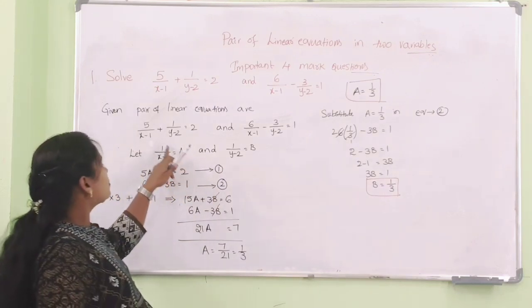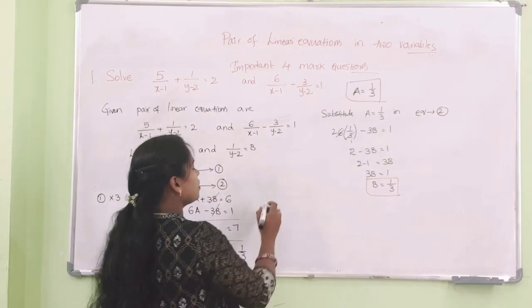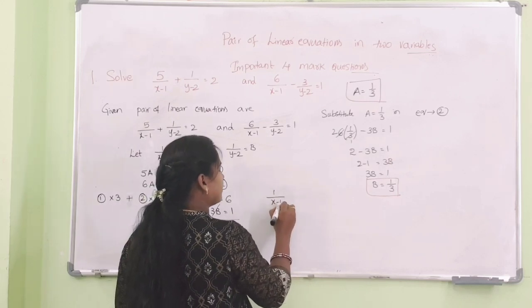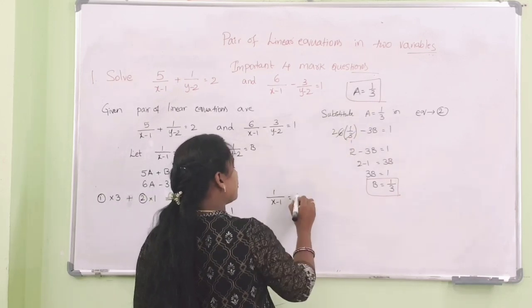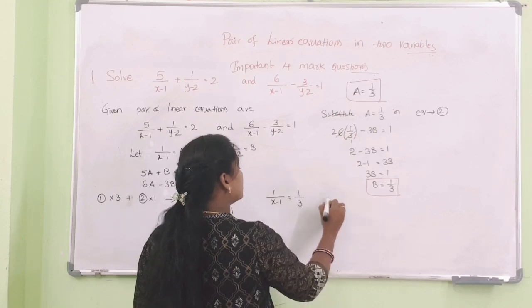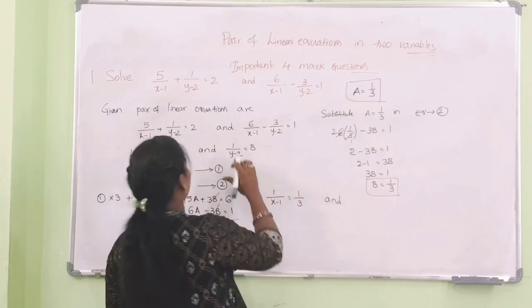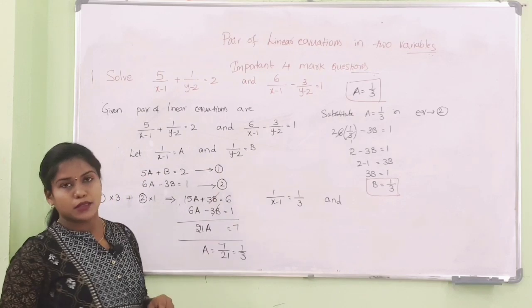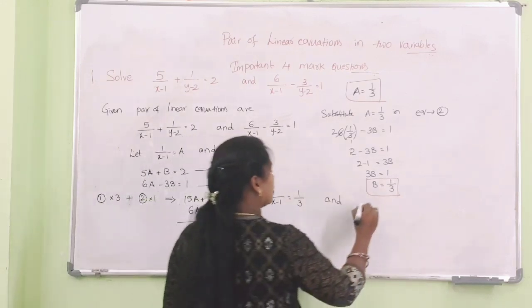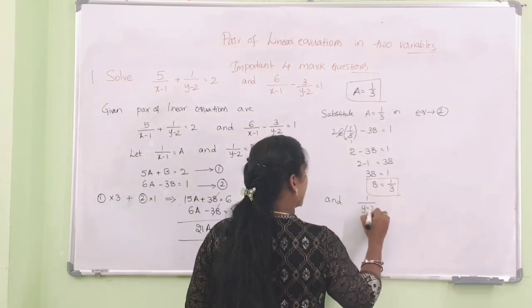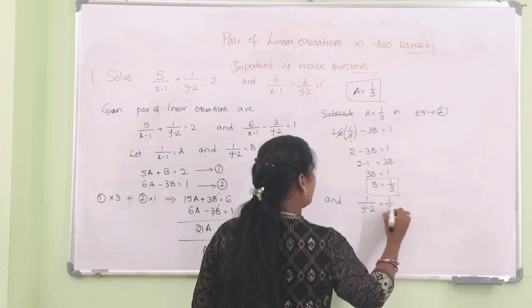But here a means 1 by x minus 1. So 1 by x minus 1 is equal to a. What's the value of a? 1 by 3. And here we consider 1 by y minus 2 as b. 1 by y minus 2 is equal to b, whose value is 1 by 3.